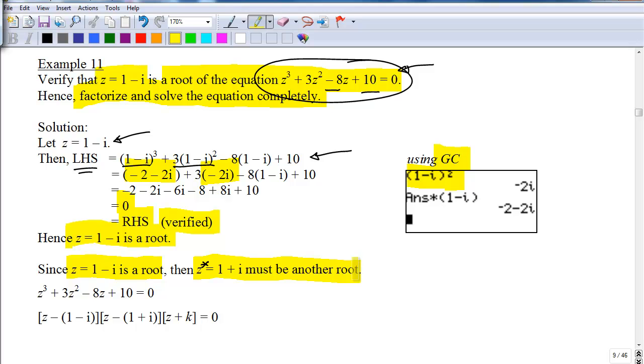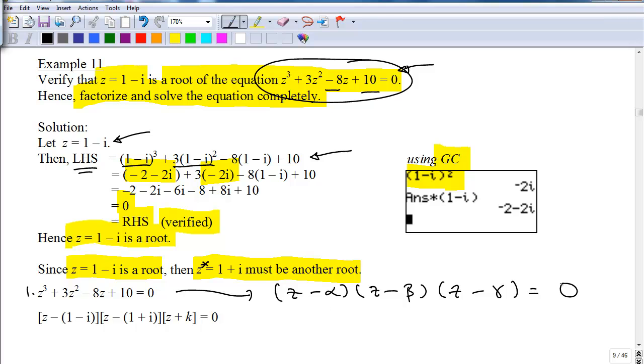Now if you look carefully, the coefficient of the cubic term z cubed is 1. So that means I can always rewrite this as z minus alpha, z minus beta, and z minus gamma all multiplied together equals 0, where alpha, beta, gamma are the roots.